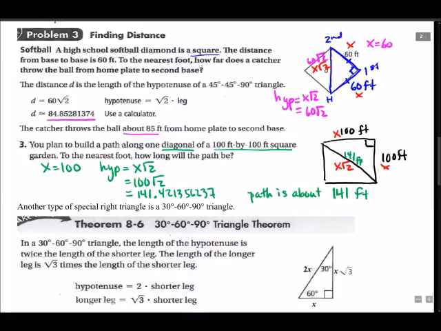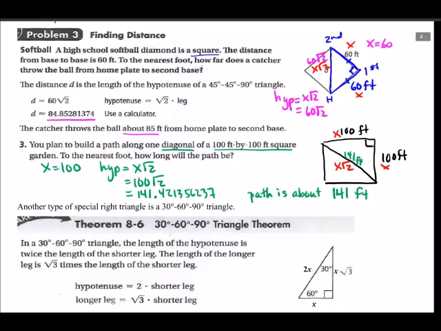I labeled x, x, x root 2. We are looking for the hypotenuse. I know that x equals 100. The hypotenuse equals 100 square root 2. Throw that into my calculator. We get this long decimal. We are asked to the nearest foot. So the path is going to be about 141 feet long.